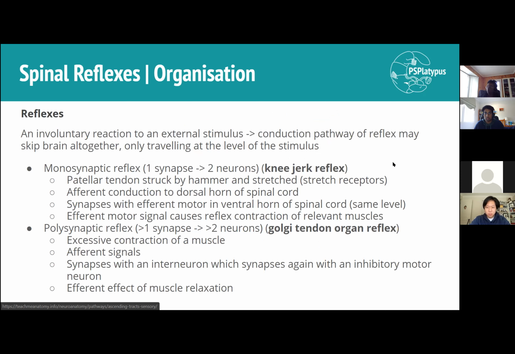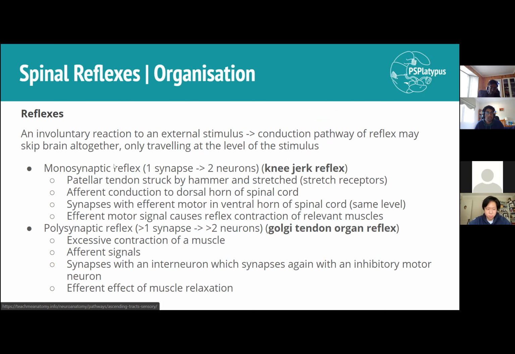Okay, so one more thing, reflexes. A reflex is an involuntary reaction to an external stimulus. This is essentially when your receptors detect something, it moves to your spinal cord in a conduction pathway, and it can even skip the brain altogether.